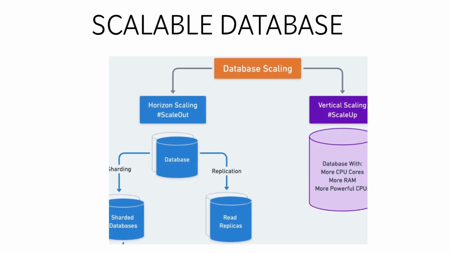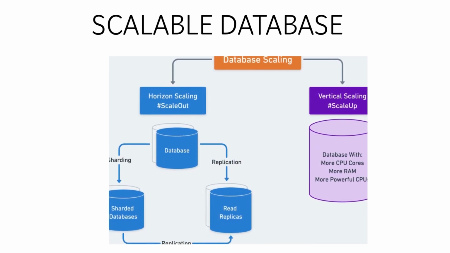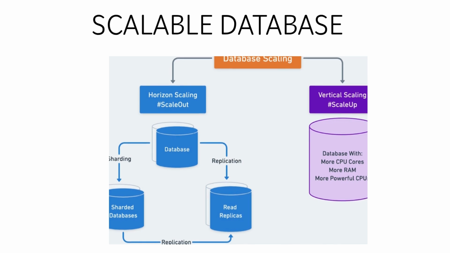Number 4, or the fourth way to improve scalability, is scalable databases. Databases are the heart of every system, but as users grow, so does the amount of data, and not all databases can handle that scale.